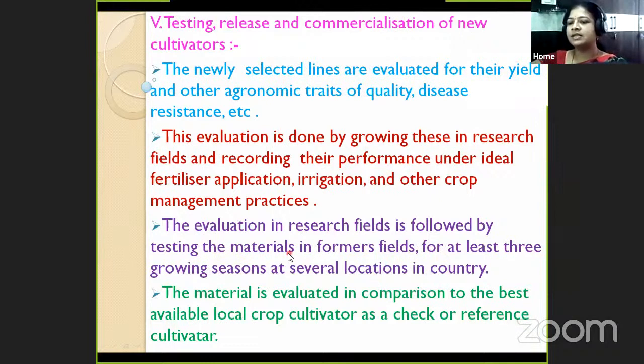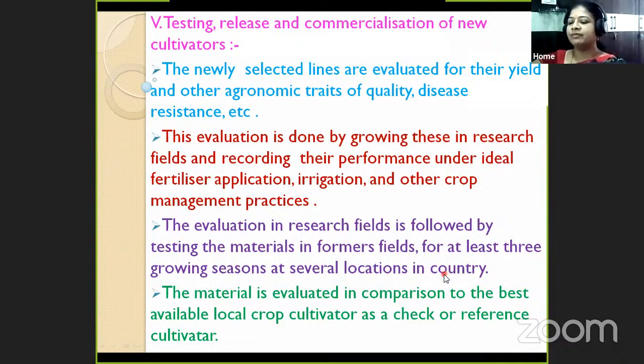So before releasing it into the market, we check whether it is suitable to those environmental conditions. That's why multi-locational trials are conducted at different places in our country.